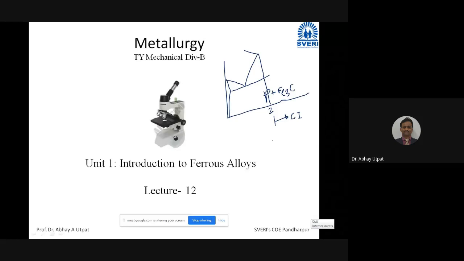So this diagram is itself iron carbide, so there is no question of iron carbide in the case of grey cast iron. That diagram will be the iron graphite diagram. The diagram will be similar, only the names of the phases will be different. If you see the Kodgiri book, that diagram is available there, and you can also see the iron graphite diagram for grey cast iron on Google. That diagram is not part of your syllabus, but I have told you for your extra information.